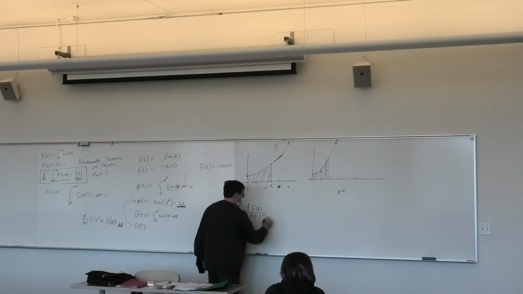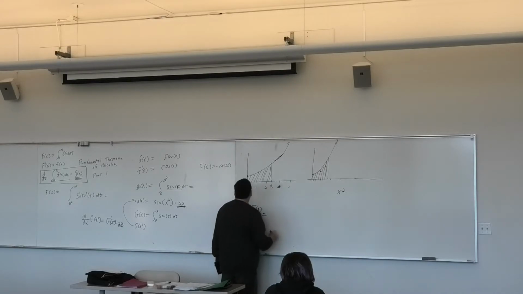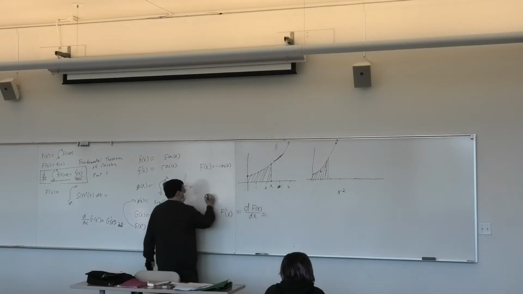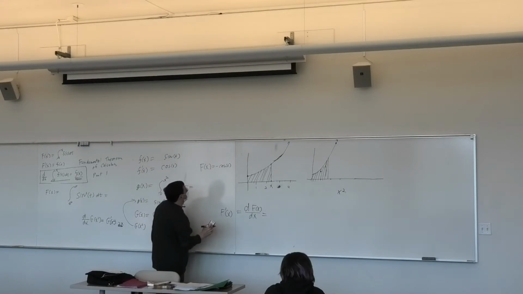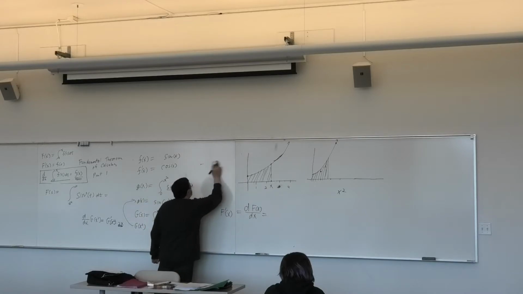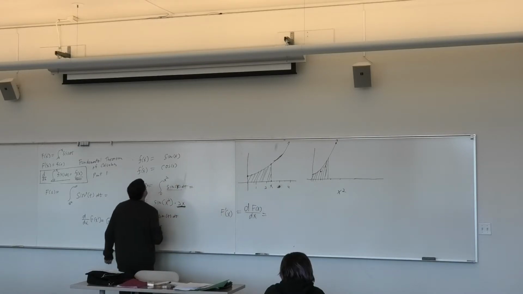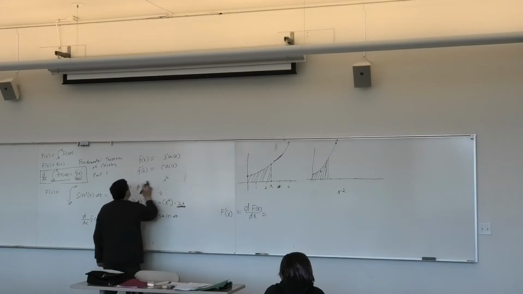And of negative cosine x, is that? Oh, well, we need to write... I'm trying to get you to go back to the original example. Well, I guess I'm using these function names a little too inconsistently. How about we start over?